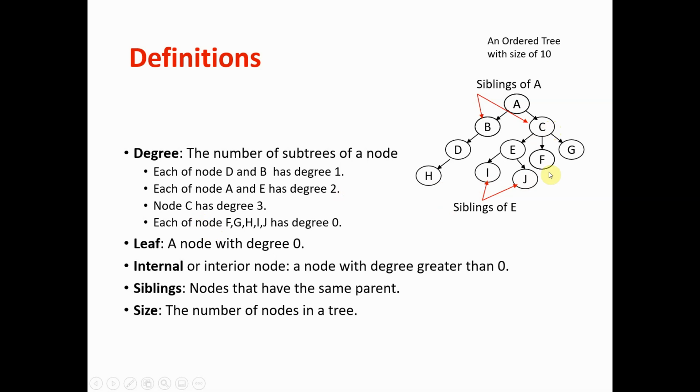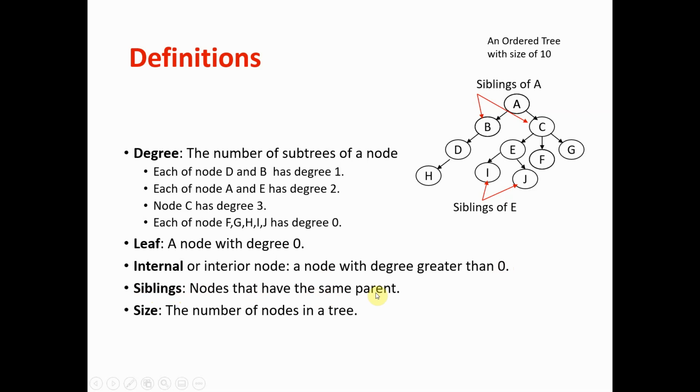And the leaves, of course, have degree 0. A leaf is a node with degree 0, with no children. Internal or interior nodes are non-leaf nodes, so the nodes that have a degree greater than 0, meaning they have one child or more than one child.